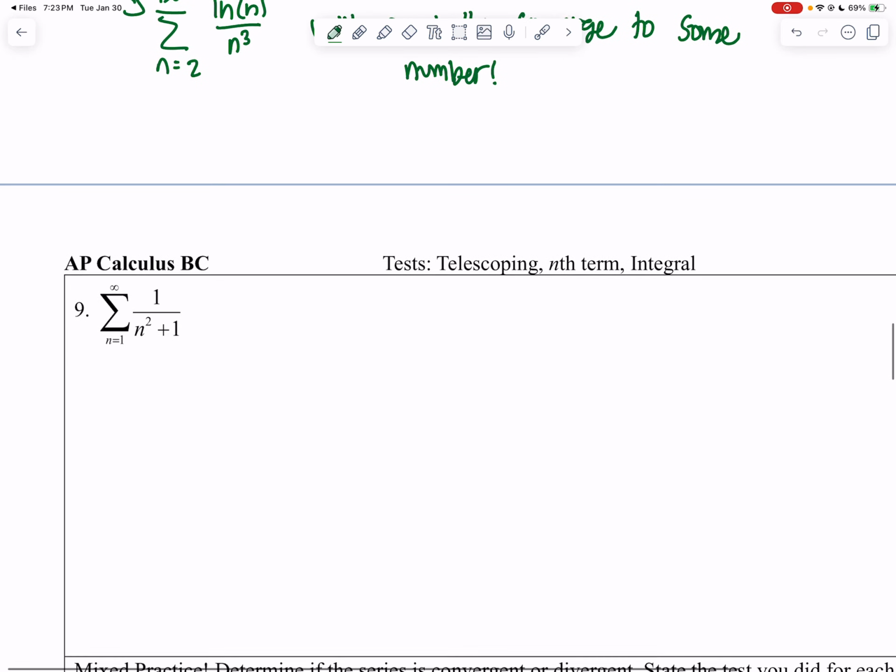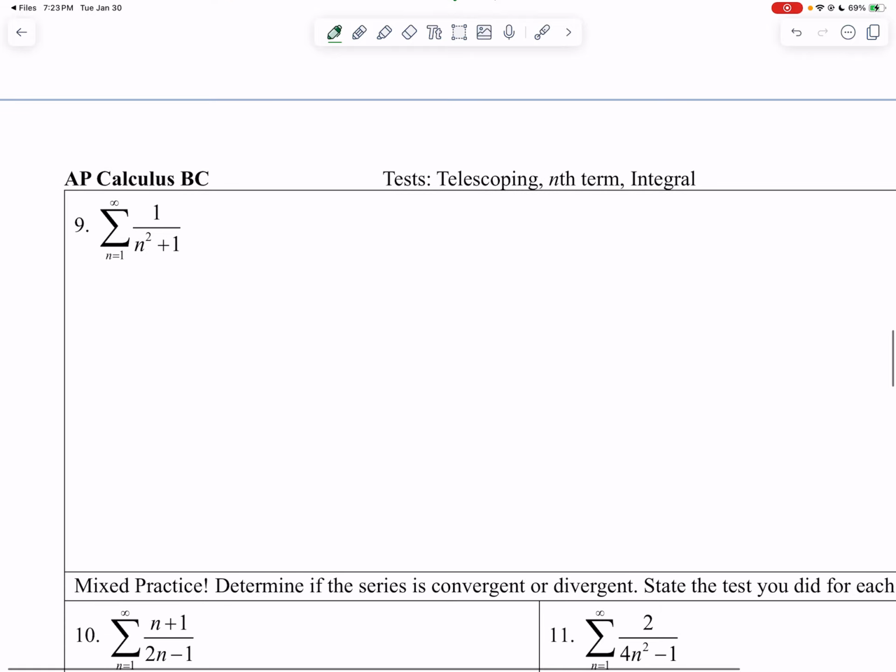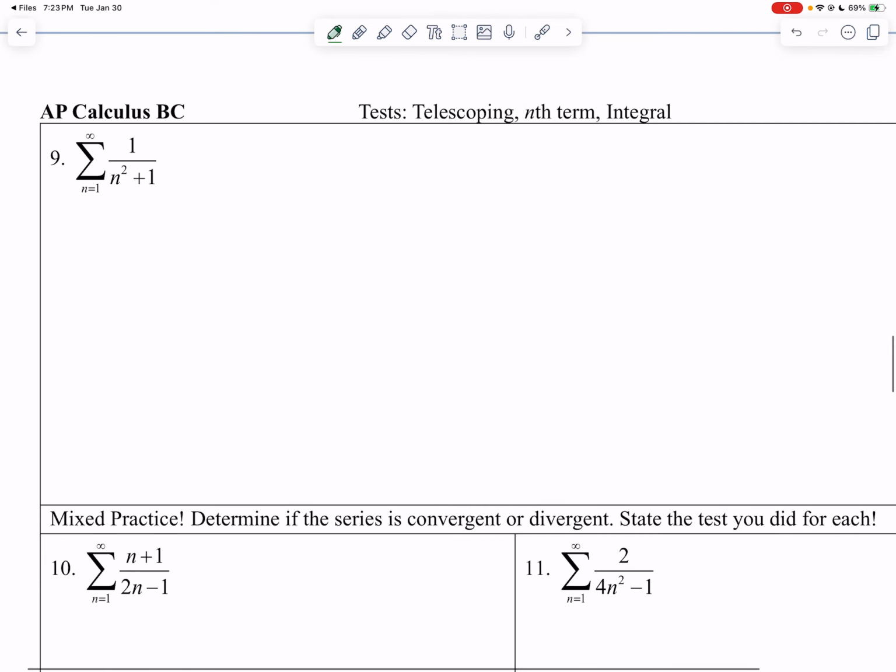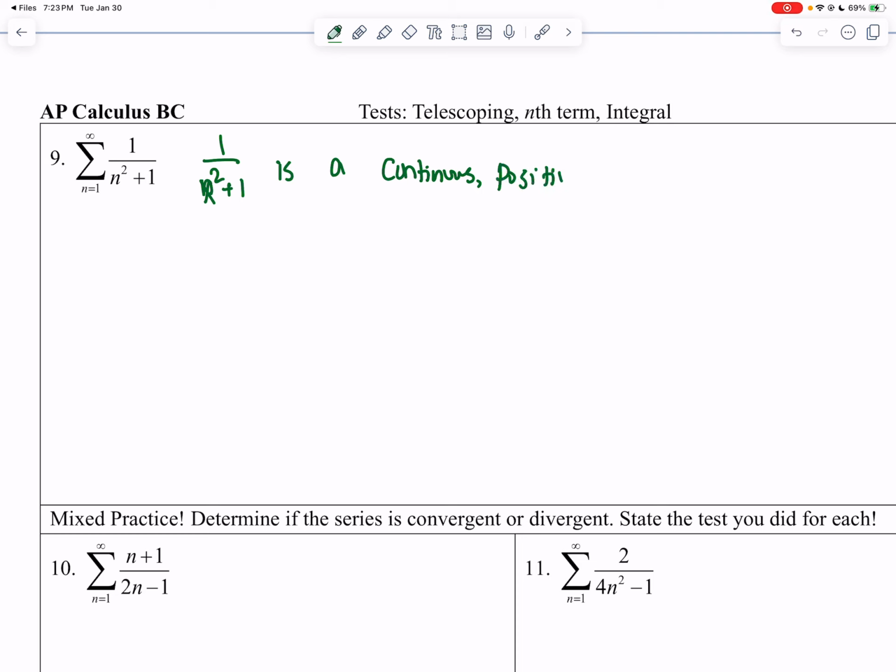All right, so now we have, let's say, number 9. Very similar right here. So we are going to say that the function 1 over x squared plus 1 is a continuous, positive, decreasing function from 1 to infinity.